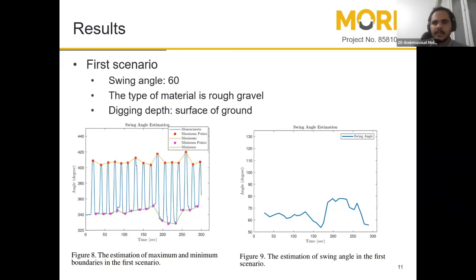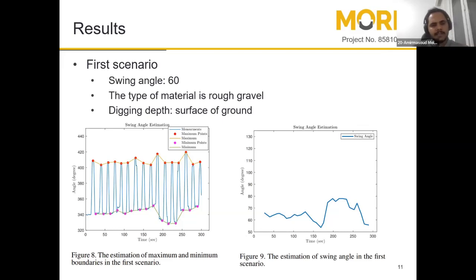For the results section, in the first scenario, we collected some data using rough gravel, and we tried to fix the swing angle around 60 degrees. The digging depth is not under the ground; the material is on the surface.